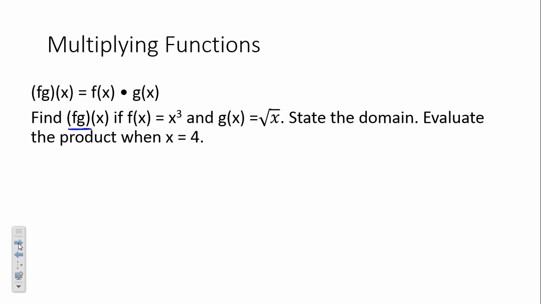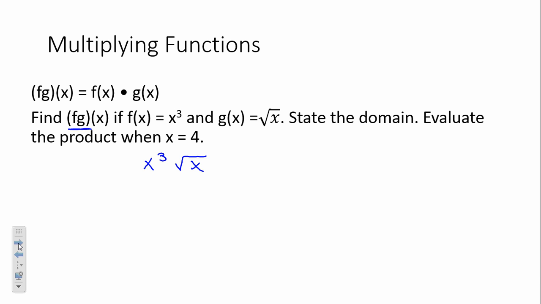So what are we going to do here? Multiply. Okay? So if f of x is x cubed and g of x is the square root of x, we're going to take x cubed times the square root of x and get our answer. Can we do anything with that?